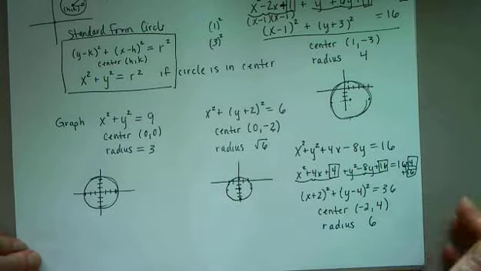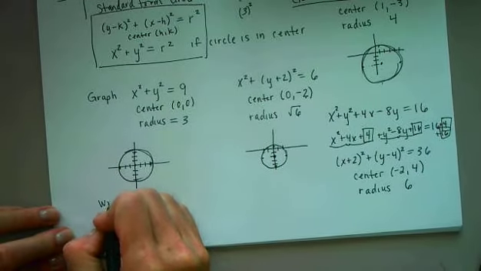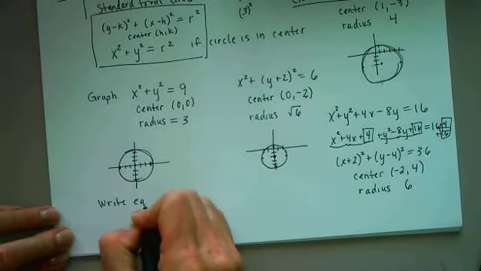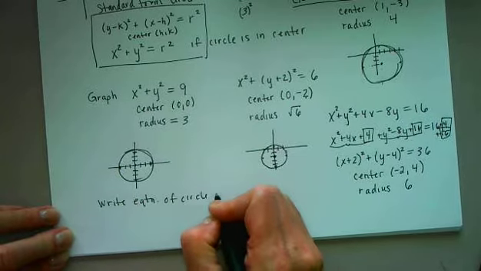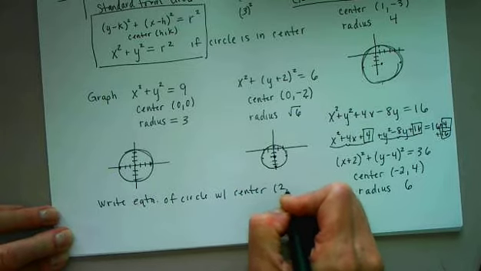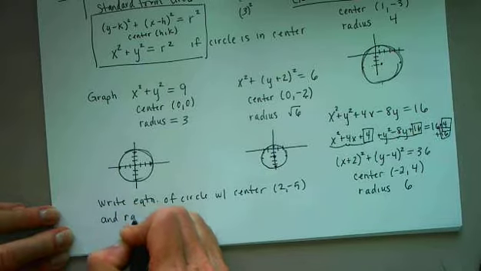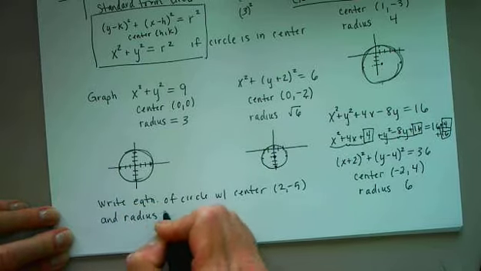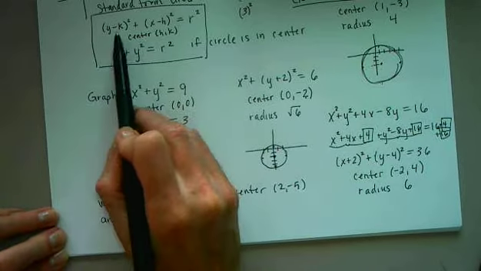The last thing that you could see on your homework is it will say write the equation of a circle. And they give you the center. They say the center is 2, negative 5, and the radius is 7. So all you have to do is plug it into your standard form.